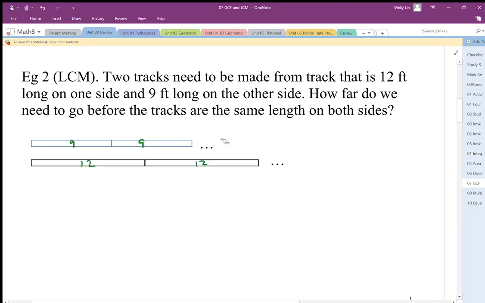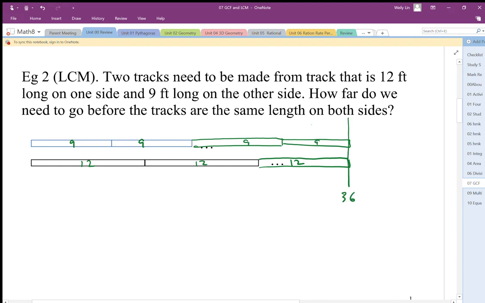And what we want to know is when is the first time that the edges line up. So if I were to grow this to 36, and I can grow this to 27, and then one more will grow to 36. 36 then represents the point at which both of these are the same length, or the multiples are common.